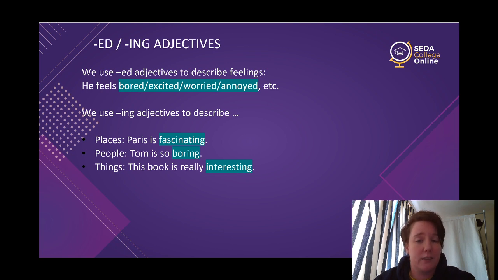Paris is fascinating. People: Tom is boring. Things: this book is really interesting. You would not say this book is really interested because you don't know the feelings of the book.